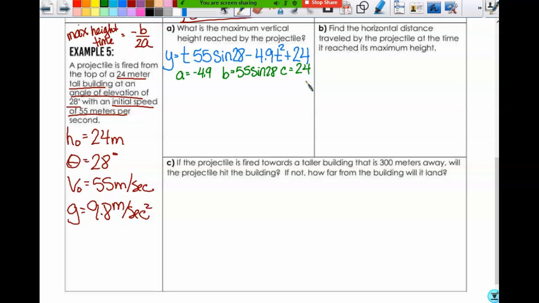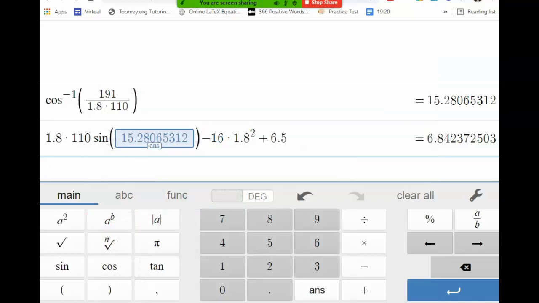So when I want to find the time when it's the maximum, t would equal negative b over 2a. So that's going to be negative 55 times the sine of 28 over 2 times the 4.9, which is back at 9.8, so negative 9.8. So we're going to put that into our calculator.